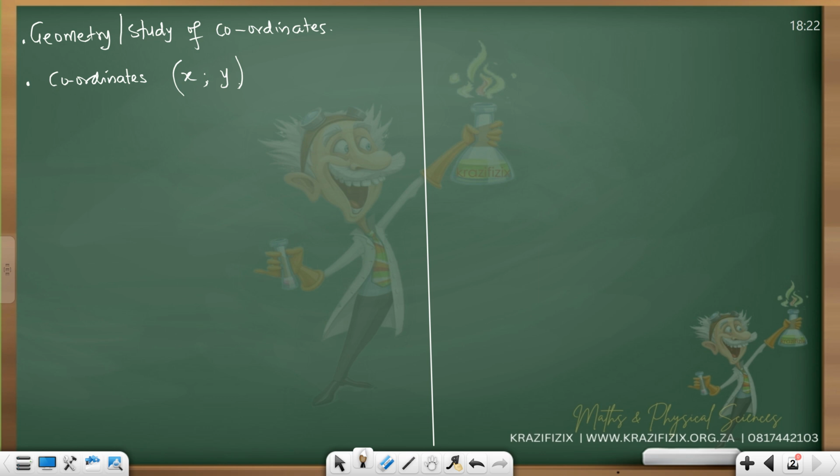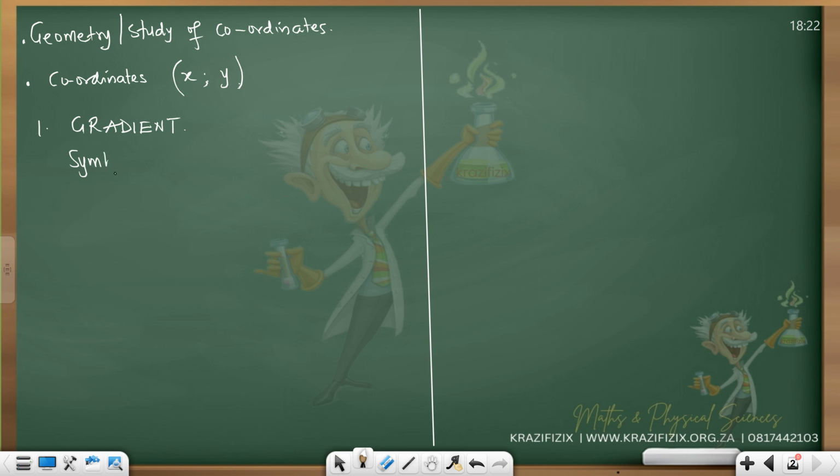Now, there are very, very important things we are going to do between two coordinates. Very important. The first one, gradient. Gradient between 2 points. All right, so each point has its own coordinate.